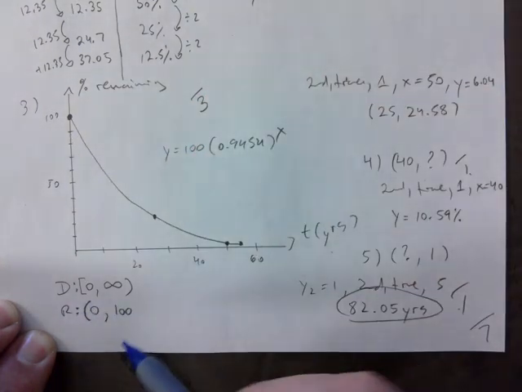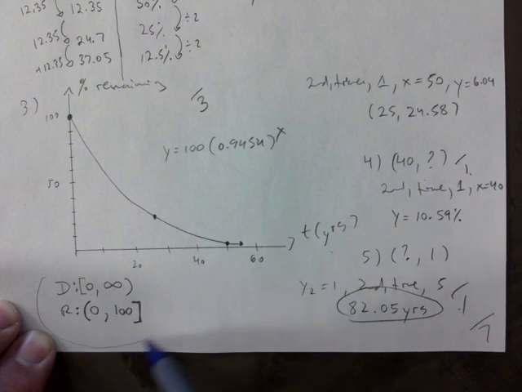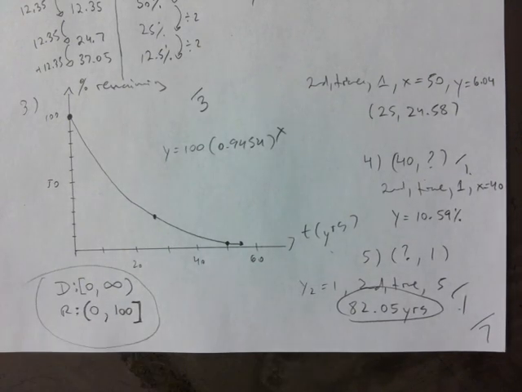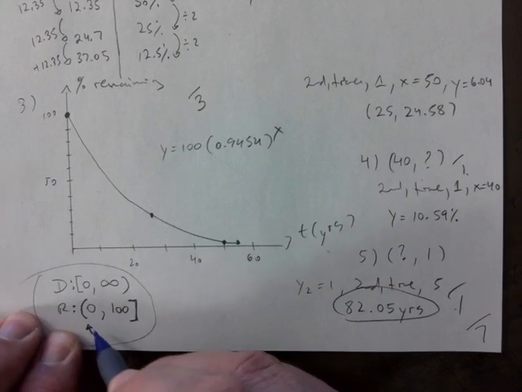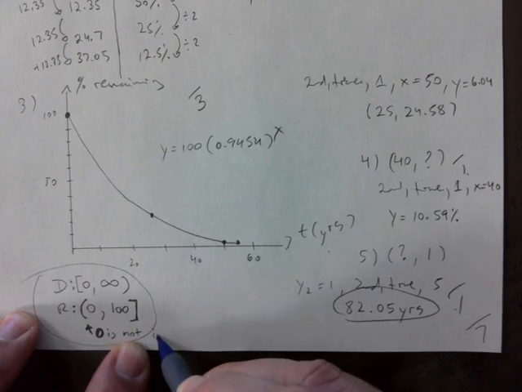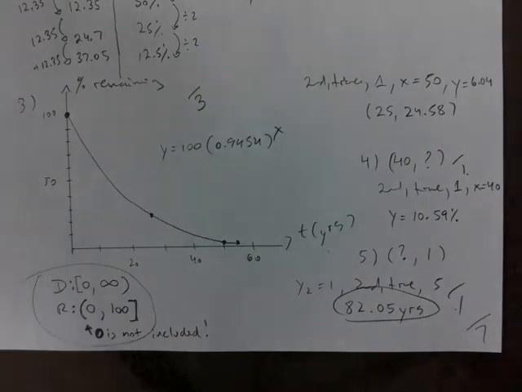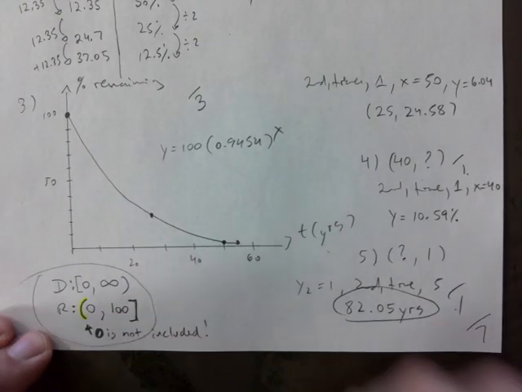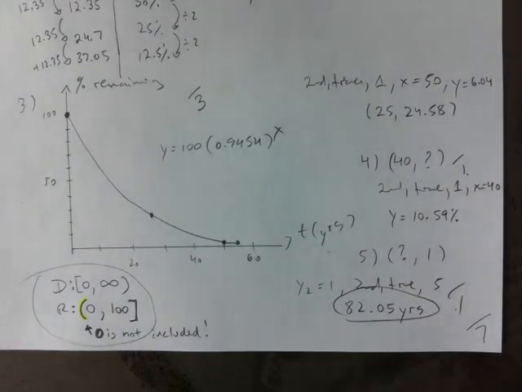The y-axis is 100. So I would write this down for sure here in this case. Not included, right? Very important to have round brackets. 0 is not included. All right, that's just a freebie.